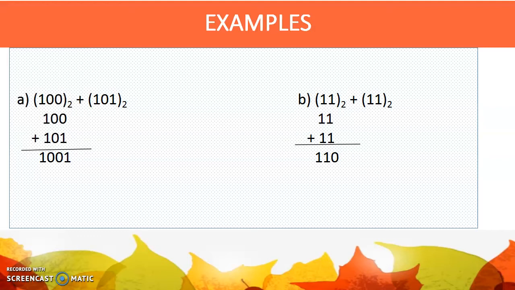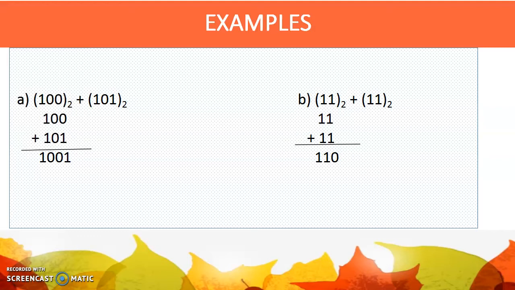Now we have 1 plus 1. 1 plus 1 is 0 and 1 is carried forward to the next digit. We will write 0 first, but since we don't have any digit in the next place, 1 will be written as it is. So the result of 100 to the base 2 plus 101 to the base 2 is 1001 to the base 2.